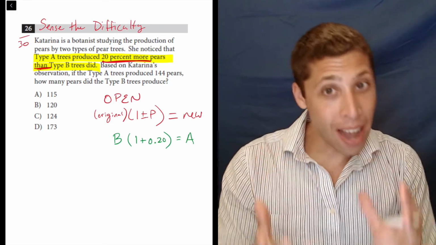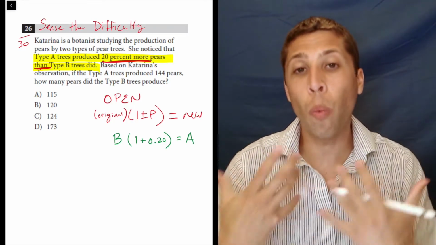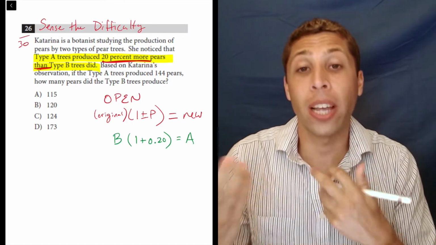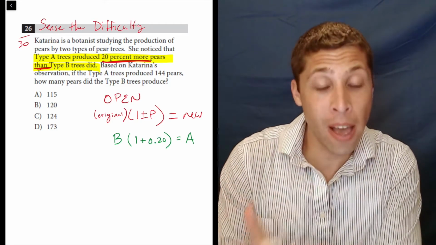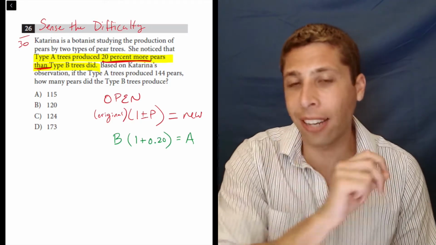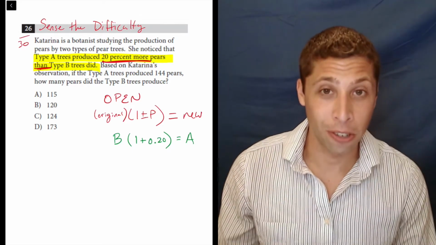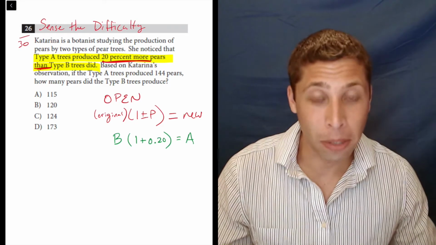So it's not about time, but it's about a relationship, and it's about what we're starting with. What are we taking a percentage of? What's our base value for the percentage? And in this case, it's B. And I think that is really why this question is so hard. We would expect A to come first. Nope, SAT flipped it on us.